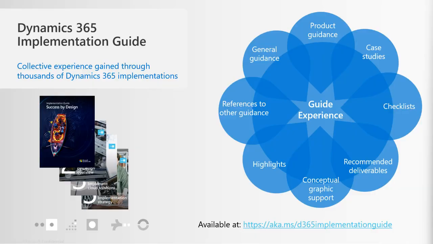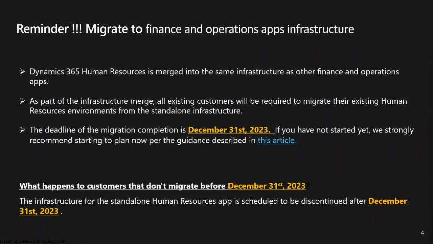Another quick reminder before we dive in: as all of you are joining a tech talk about human resources, hopefully you are already aware of this, but if you are not, it's very important that you be made aware. The standalone human resources infrastructure is being migrated into the finance and operations infrastructure.